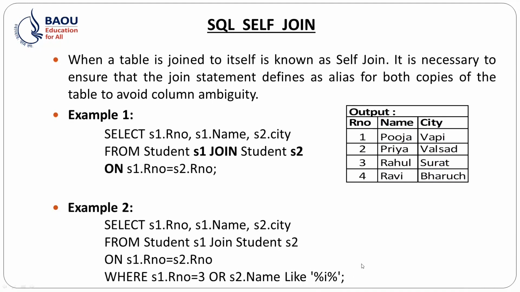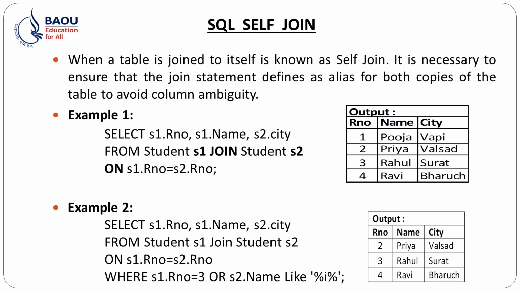In the output, it will display all the records from the student table whose student name contains the character i. It means it will contain the roll number 3 record as well as those whose name contains the character i. So roll number 3 as well as Priya and Ravi contain the character i.